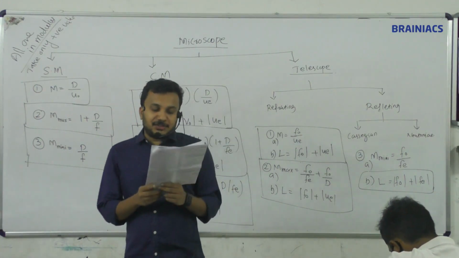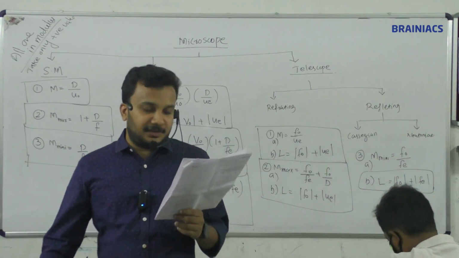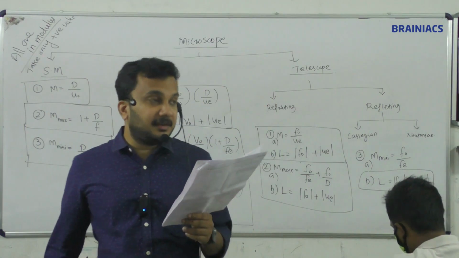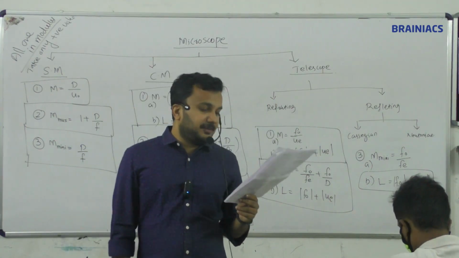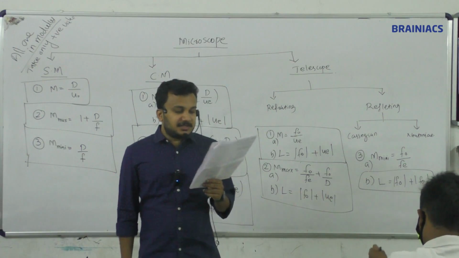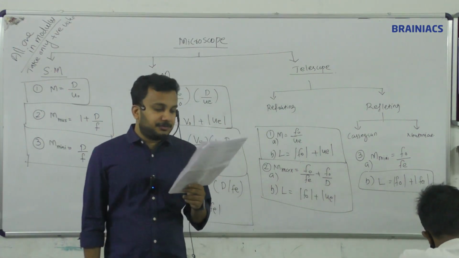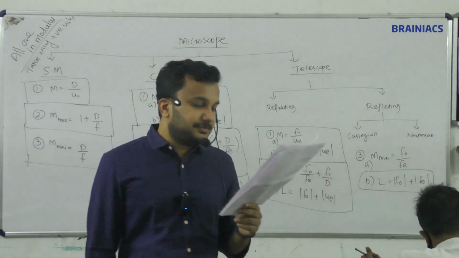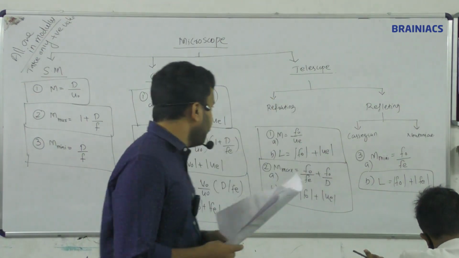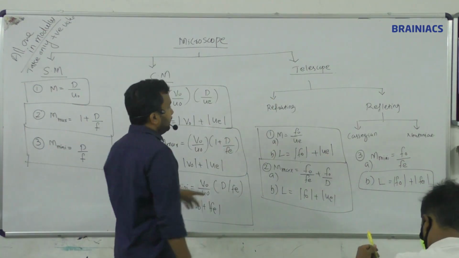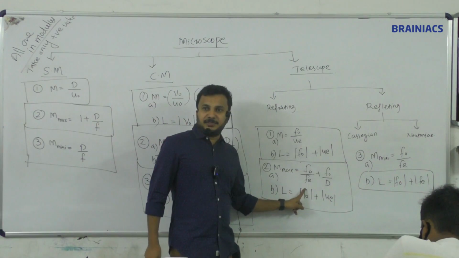13. A telescope has an objective focal length f0 100 cm, eyepiece focal length 5 cm. What is the magnifying power of the telescope when the final image is formed at the least distance of distinct vision? Final image is formed at the least distance of distinct vision.